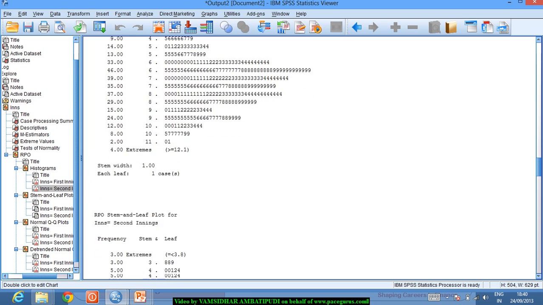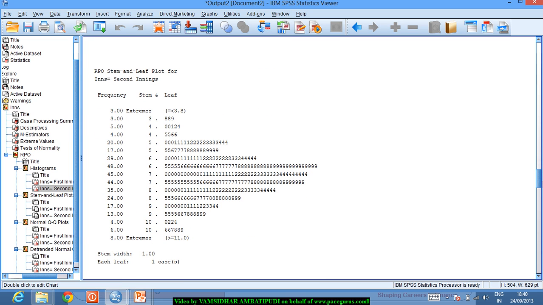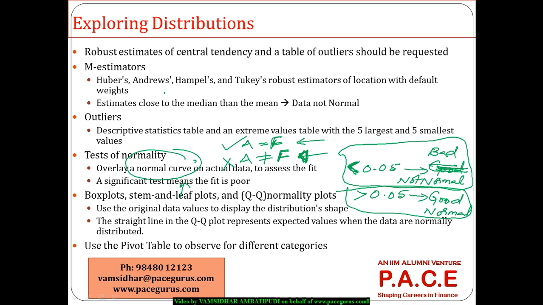The major advantage which I could see with a stem and leaf plot is that it plots based on the original data. It uses the original data values to display the distribution shape. This is what is represented by the stem and leaf plot.